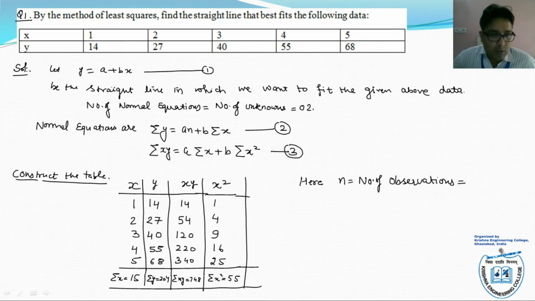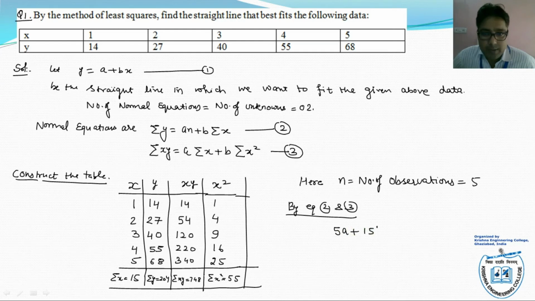Given 1, 2, 3, 4, 5, the value of n is 5. By equations second and third, we first write the RHS of equation second. So this becomes: the value of n is 5, so 5a plus sigma x, which is 15b, is equal to sigma y, which is 204.